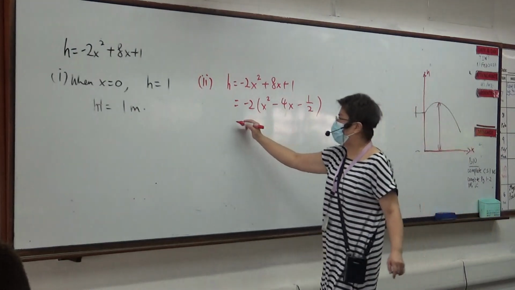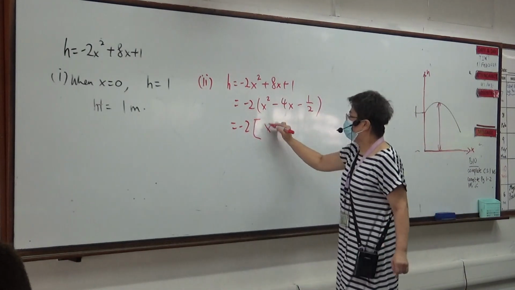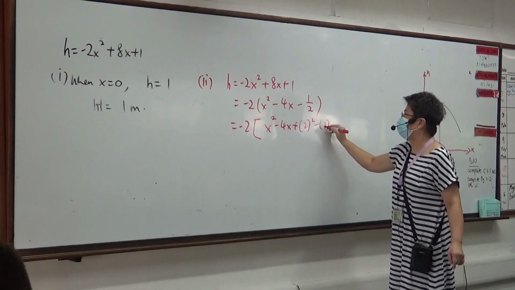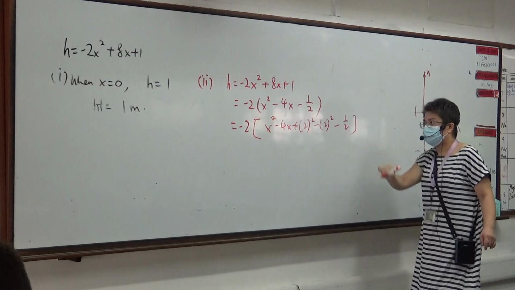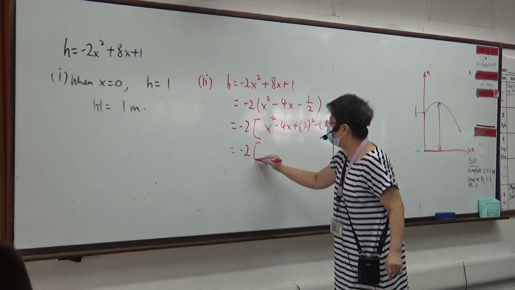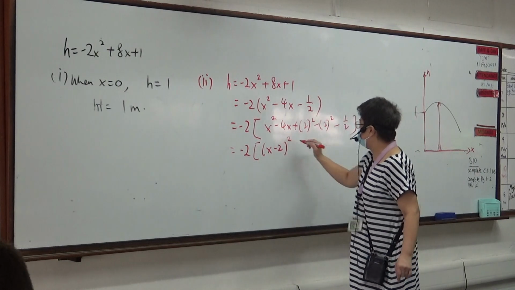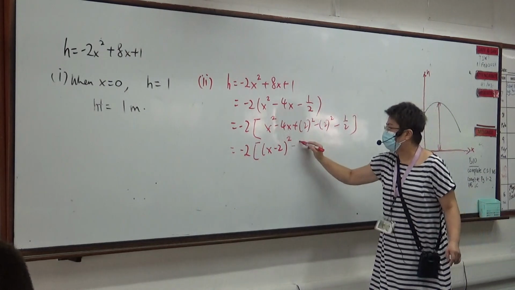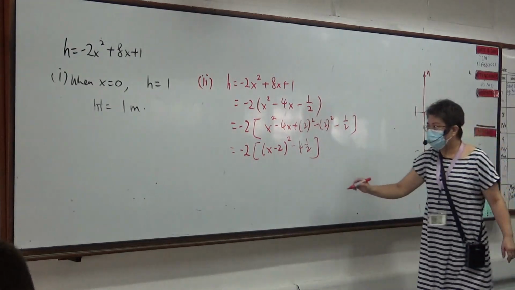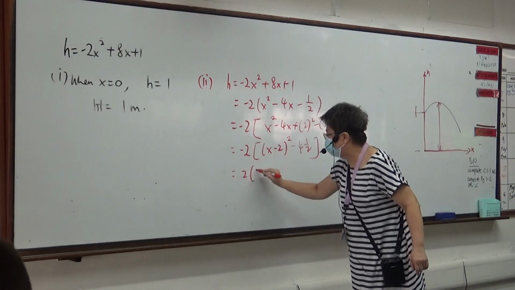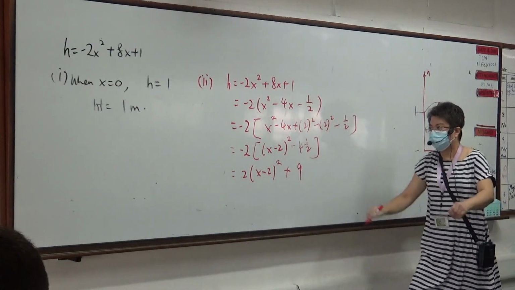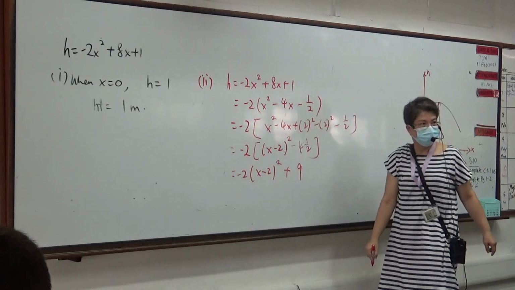So I will get negative 2 times x squared minus 4x plus 2 squared minus 2 squared minus half. I will get negative 2 times (x minus 2) whole squared minus 4.5. In order to make it in the form that we want, it will be plus 9. Wait, I forgot, it's a negative. It will be a 9.